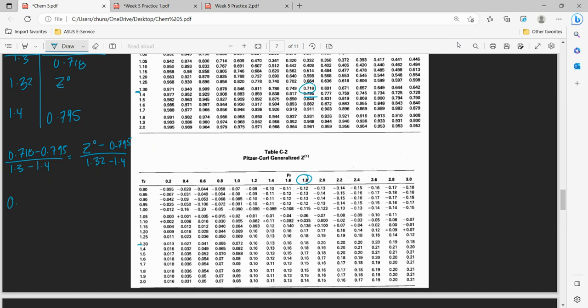Okay, so this gives us 0.77 on the left side, over 1.32 minus 1.4, negative 0.08, sorry.